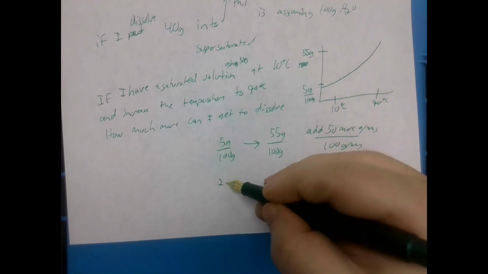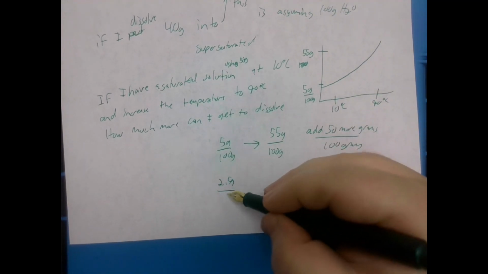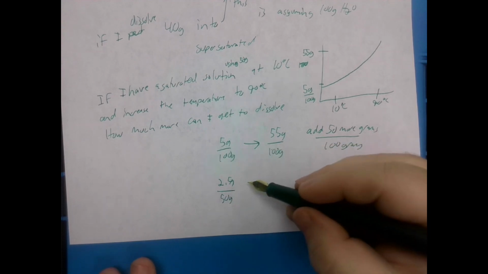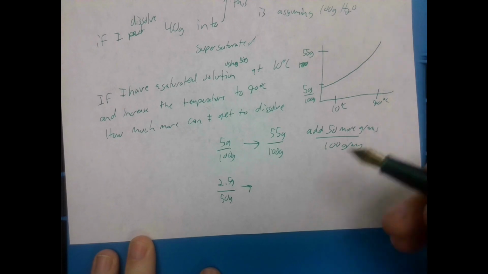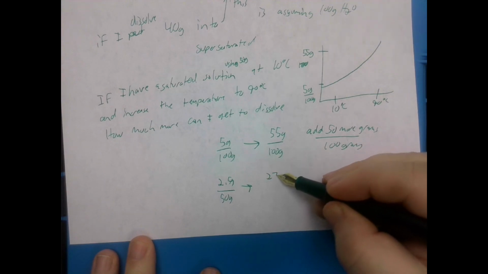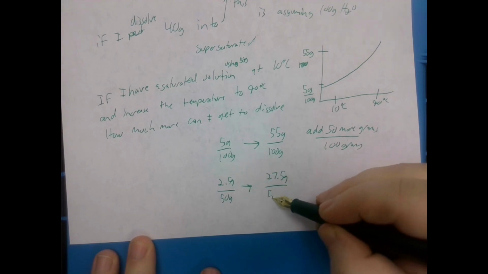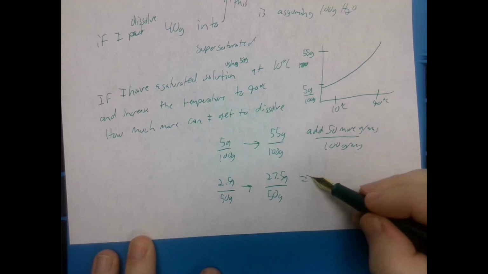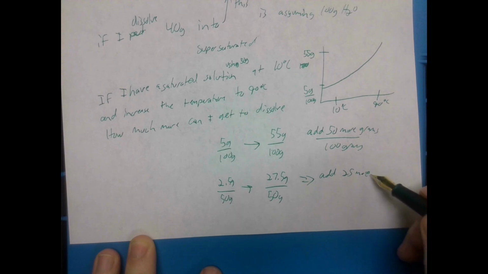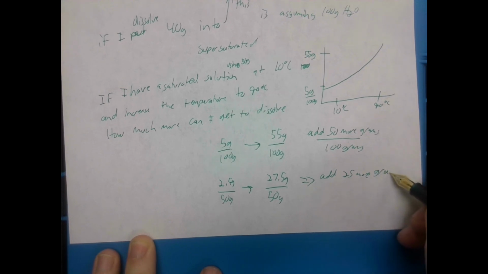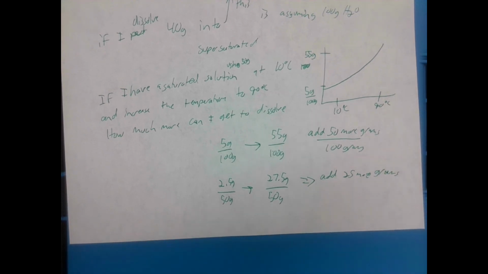And for 50 grams, I need to divide these numbers by 2, which means I'd need to add 25 more grams to saturate it. So a few questions like that.